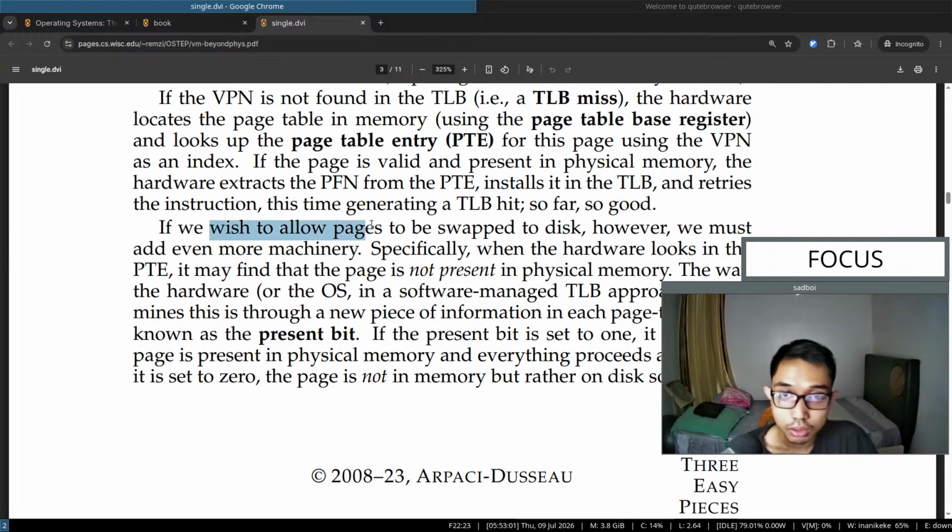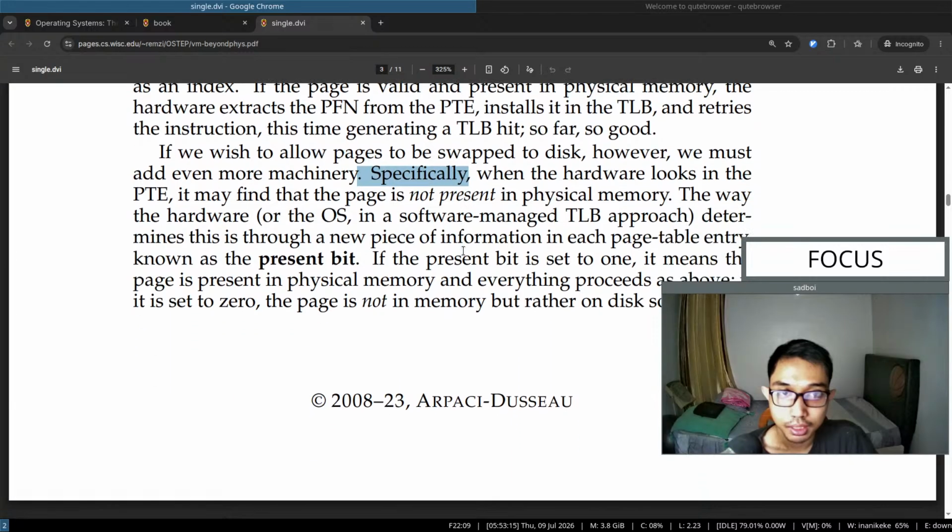If we wish to allow pages to be swapped to disk, however, we must add even more machinery, right? Specifically, when the hardware looks in the page table entry, it may find that the page is not present in physical memory.